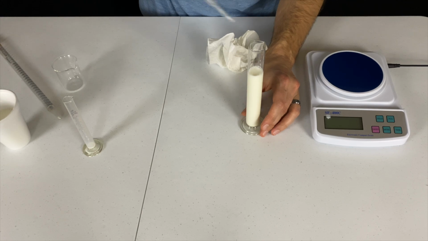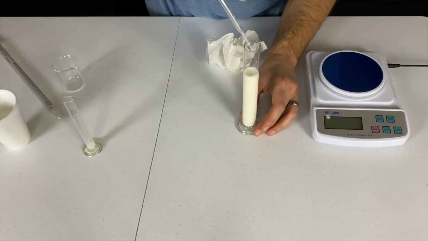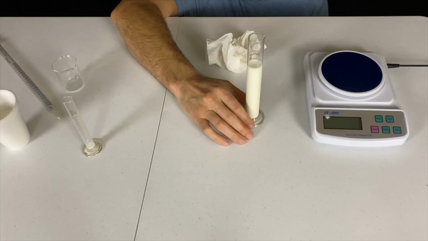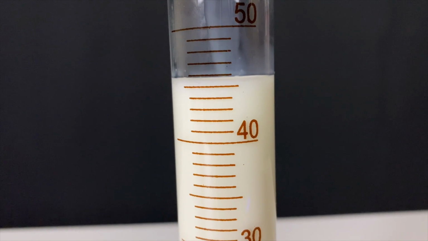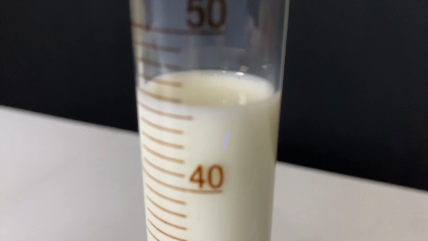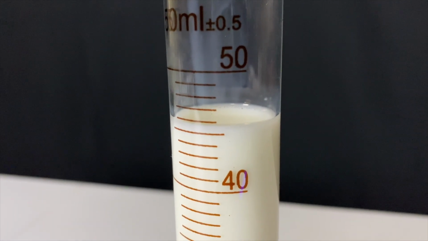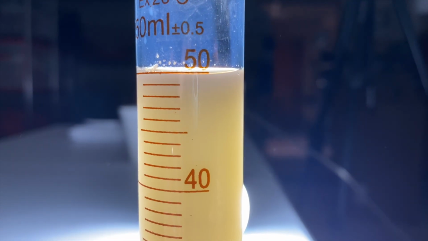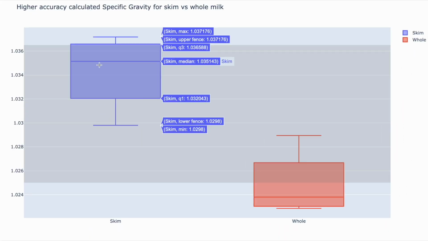Using a larger graduated cylinder with a larger sample of milk makes it slightly easier to see the meniscus and also reduces the error when evaluating the sample. Here are the results for our higher accuracy experiments.